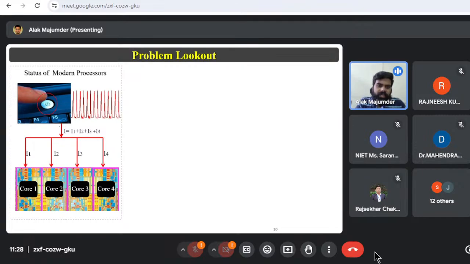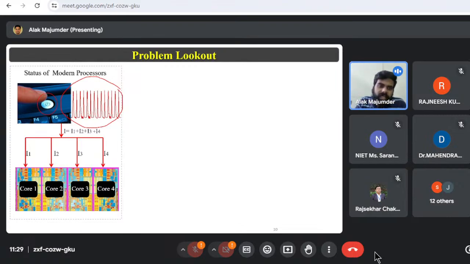Because see, the moment you turn it on, this is how the current flows. This is the current. Now, one thing you have to understand is that in these modern processors or modern CPUs, the current which is running is in amperes, which is huge, ranging from 50 ampere to 200 ampere, depending on what core we are using.